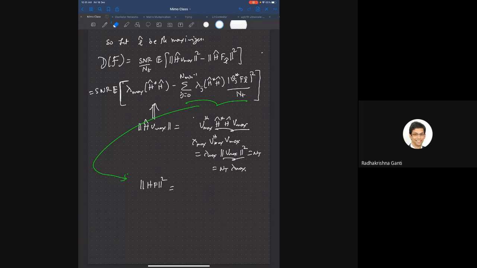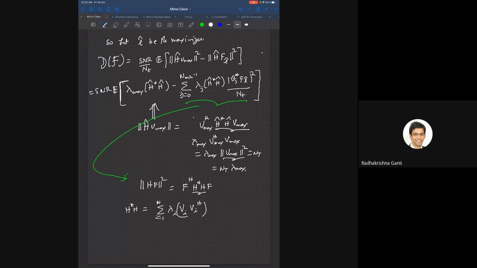This is nothing but F Hermitian H Hermitian H F. If I know the eigenvalues of this, I can write H Hermitian H as sigma lambda i Vi Vi Hermitian, i equal to 1 to some number n.